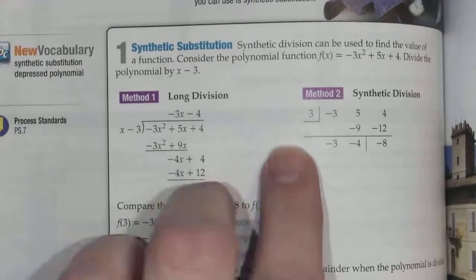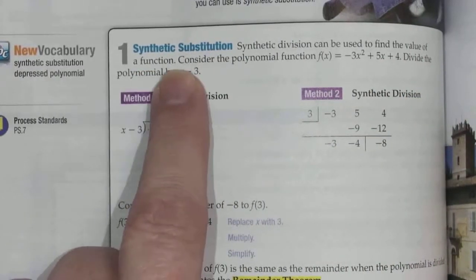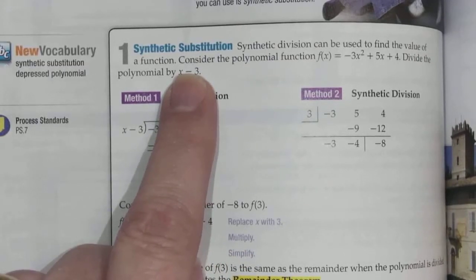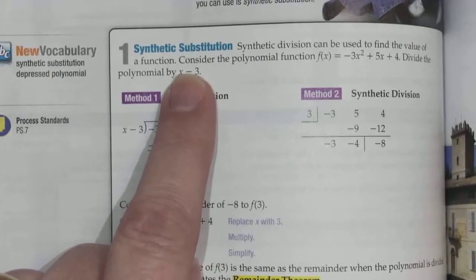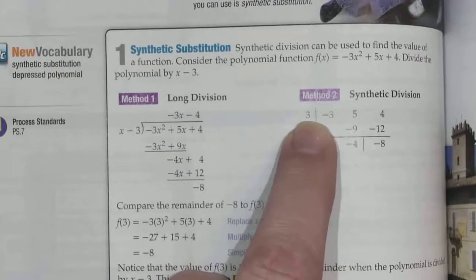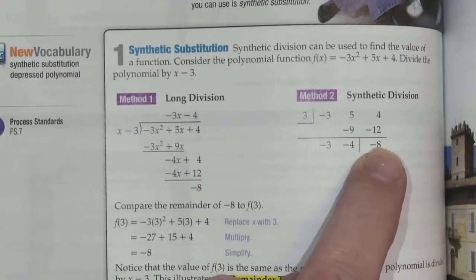Synthetic division can be used to find the value of a function. In other words, when we divide by an r, in the x minus r form, the value you get out as the remainder is the y value of the answer. So the x that you put in will be what you're dividing by, and your remainder will be the y, and that point will be on that graph.